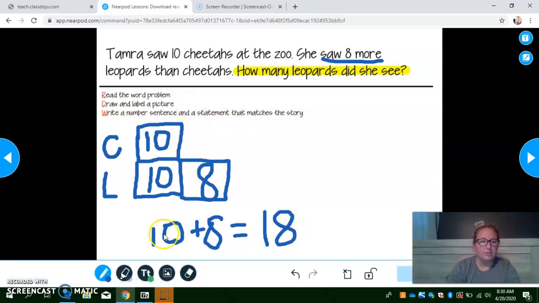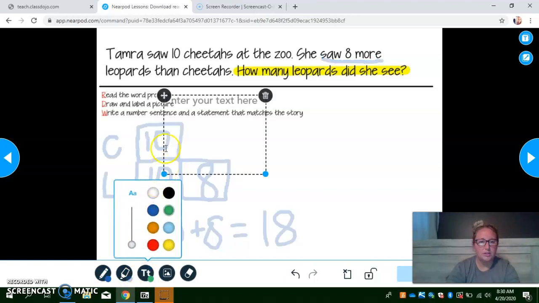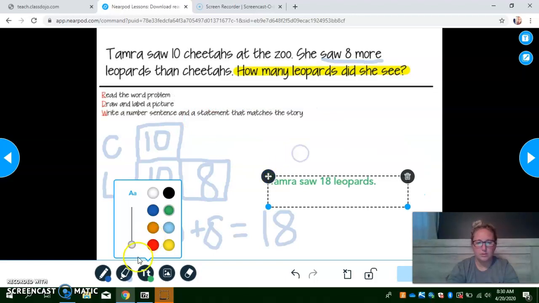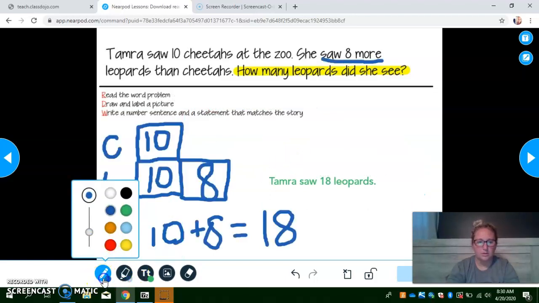So, now a statement to match the story. Tamara saw 18 leopards. There we go.